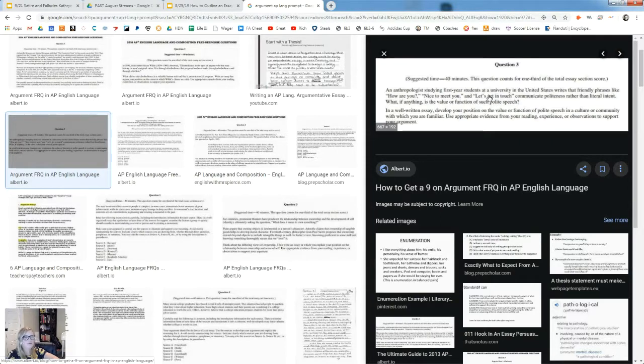I read the prompt, first I establish what I think, and then I try to come up with 3 examples of evidence. But let's say I felt really strongly that polite speech served no function in society, that it was pointless, that we didn't need it. I could write an essay on that, but let's say I can only come up with 1 piece of evidence.